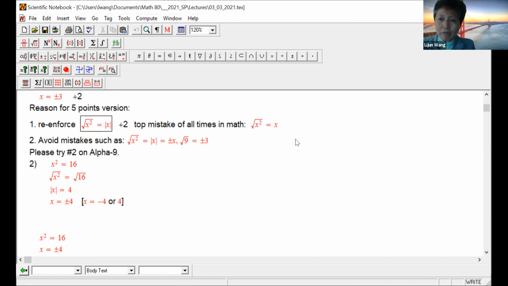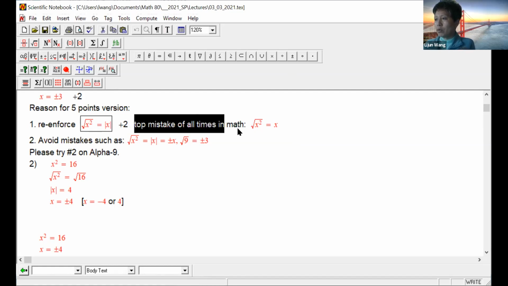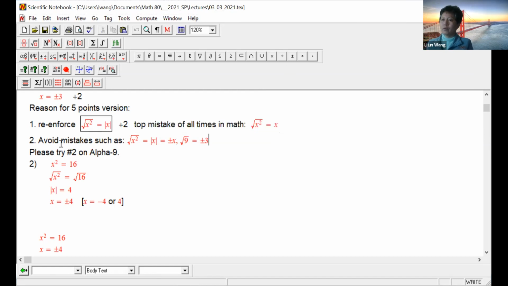But the calculus author, who's a very popular author, named this the number 1 mistake, and I think there must be a very good reason behind him doing that. So this is a top mistake of all times in math. So we want to enforce that so you don't make that mistake again.